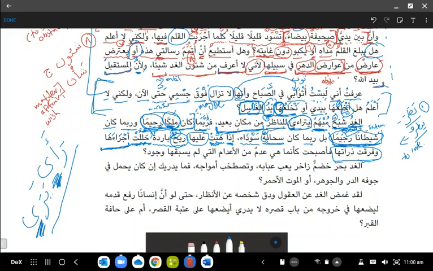ذراتها. So dharra in Arabic is the smallest matter.